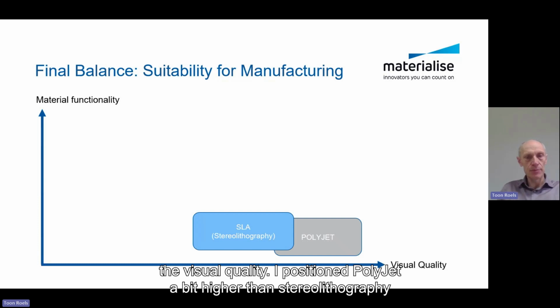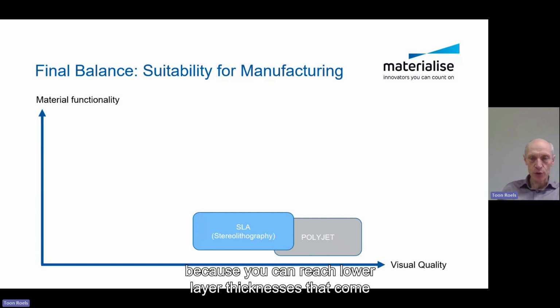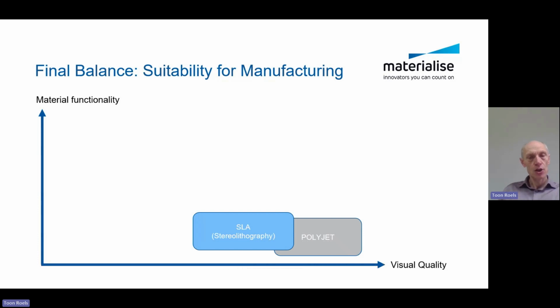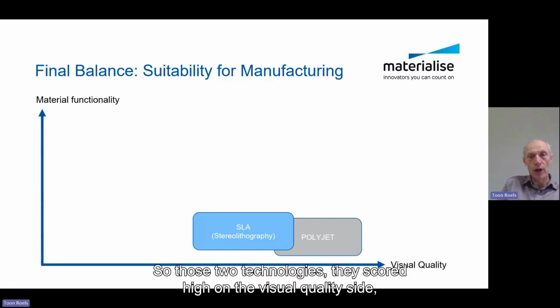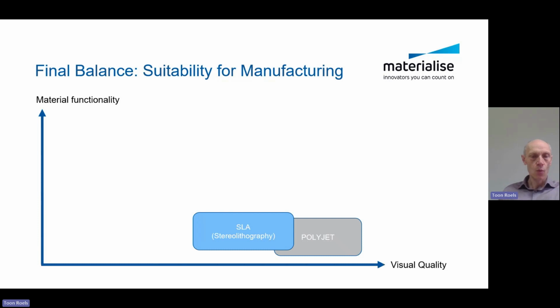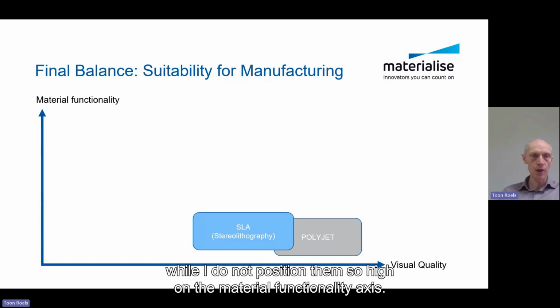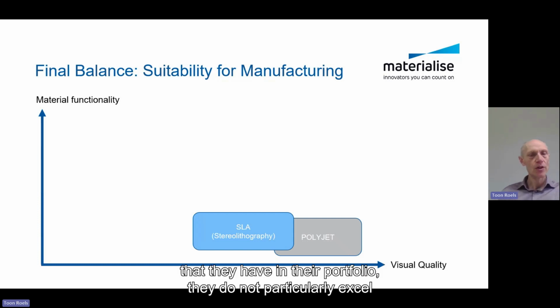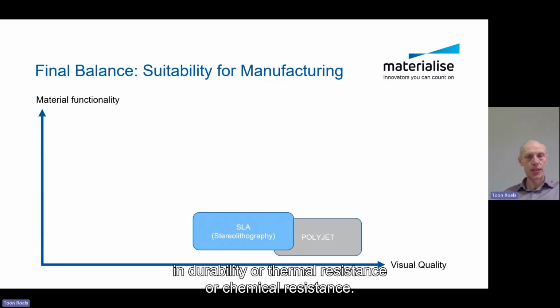I position polyjet a bit higher than stereolithography because you can reach lower layer thicknesses that come with more perfect surfaces, and also because with polyjetting you can print in multi-material and even gradient materials. So those 2 technologies score high on the visual quality side, while I do not position them so high on the material functionality axis, because these technologies and the materials in their portfolio do not particularly excel in durability or thermal resistance or chemical resistance.